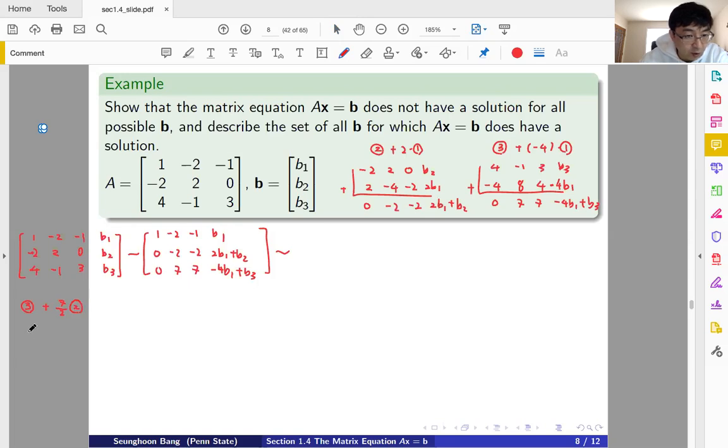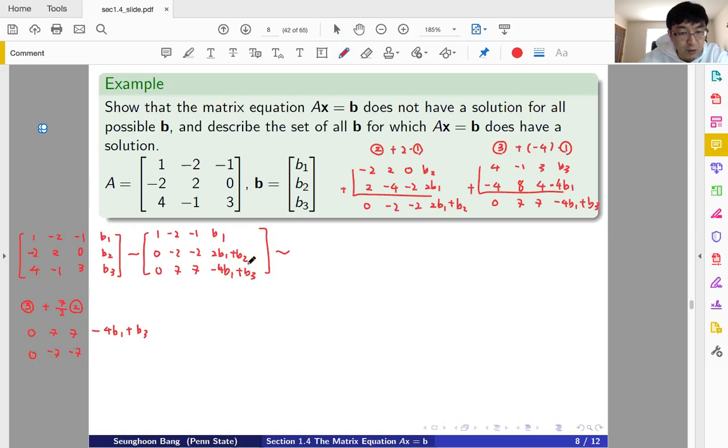The third row is 0, 7, 7, negative 4b1 plus b3. The 7 over 2 times the second row is 0, negative 7, negative 7.